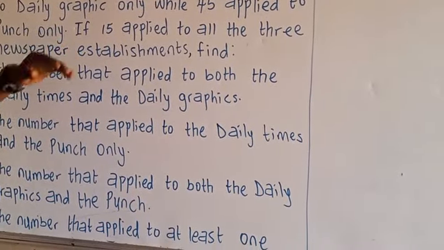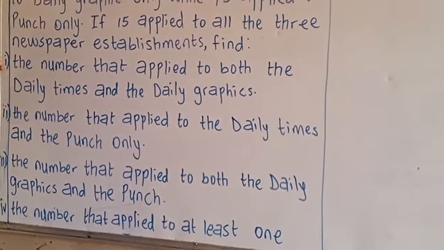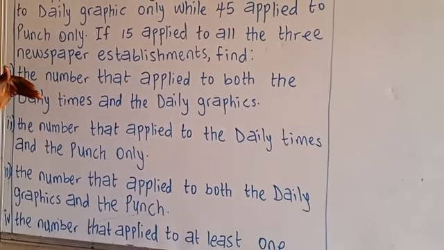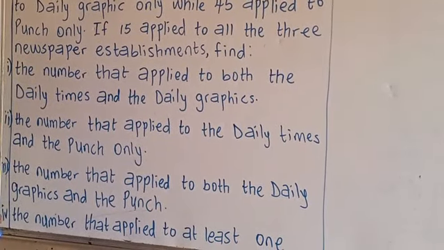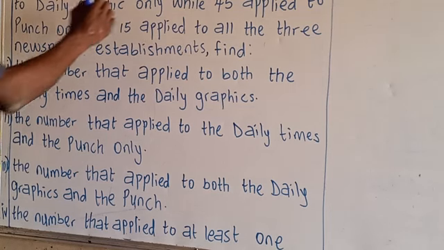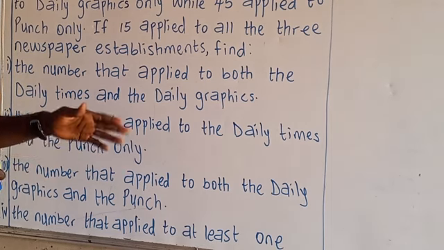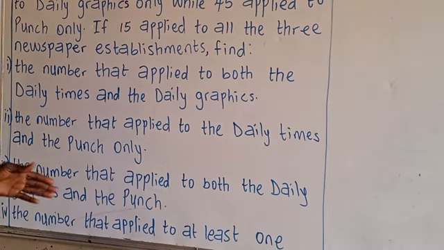If 15 applied to all the 3 newspaper establishments, find number 1, the number that applied to both the Daily Times and the Daily Graphics. 2, the number that applied to the Daily Times and the Punch only. 3, the number that applied to both the Daily Graphics and the Punch.